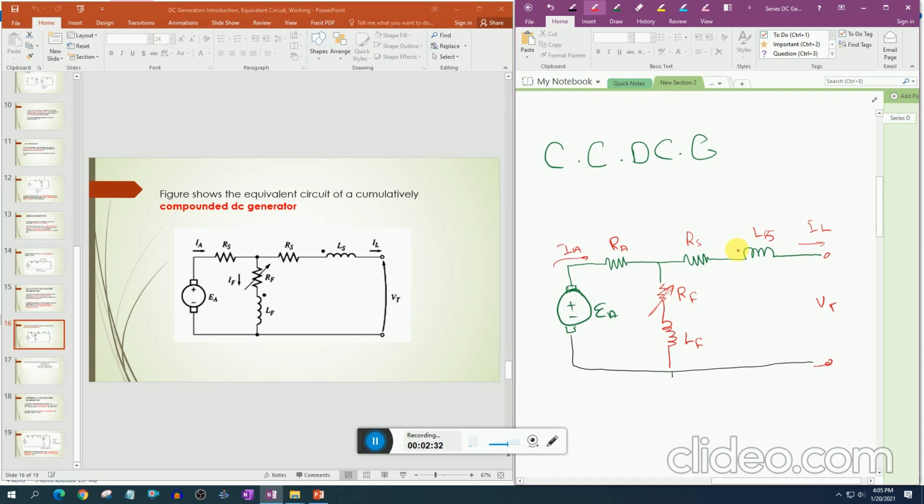So these dots which I am going to draw here show whether the generator is cumulative compounded or differentially compounded. If the dots are in that direction, current is entering at both, so their magnetomotive forces are additive and it is a cumulative compounded DC generator. If that dot was present on that side, then it is a differentially compounded DC generator.